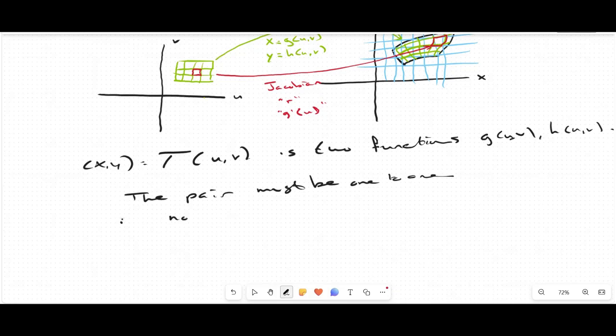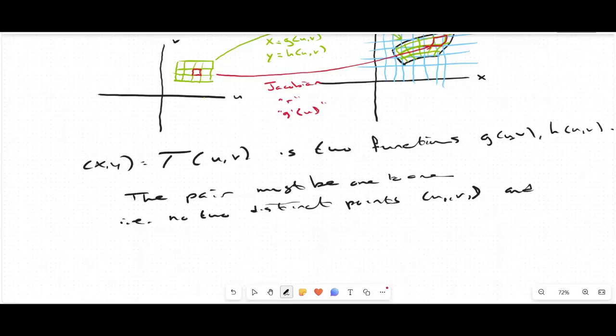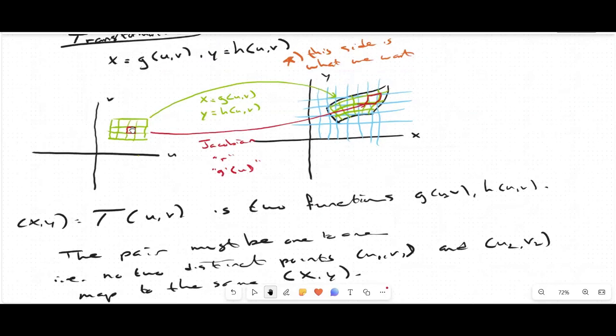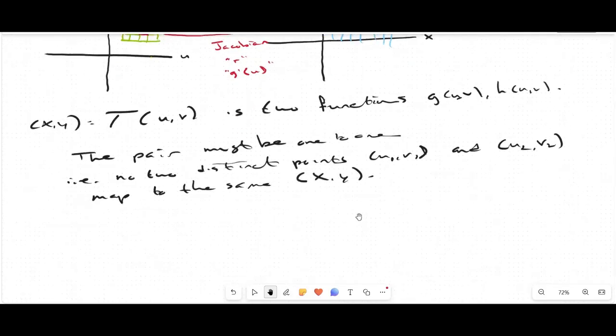What that means is, i.e., no two distinct points (U1, V1) and (U2, V2) map to the same pair X comma Y, or the same point X comma Y. So you're not allowed to fold your rectangle over on itself and double down on points.